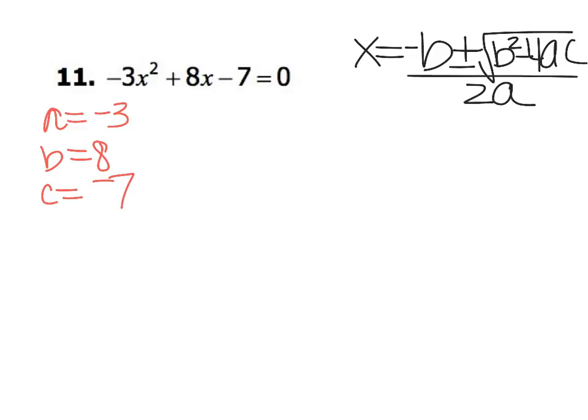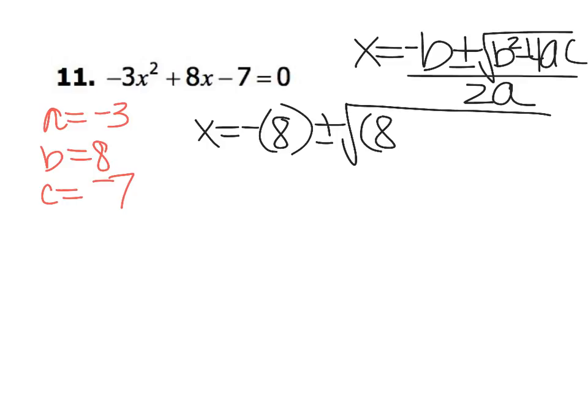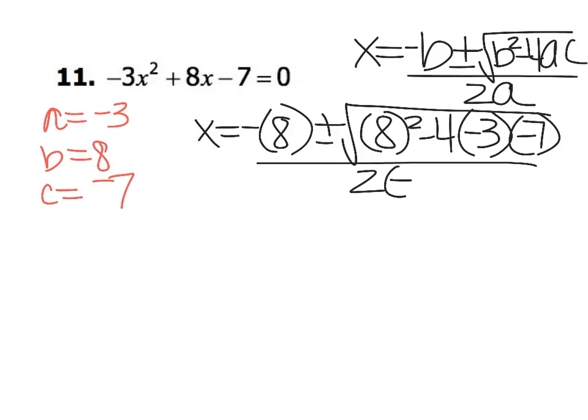So we want to plug all these into our quadratic formula. We end up with x equals negative b plus or minus the square root of b squared minus 4 times a times c all over 2 times a. Now we just simplify.